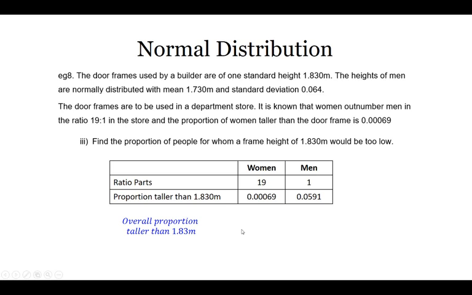I'm going to do 19 times the proportion for women plus 1 times the proportion for men, and I'm going to divide by the number of parts in the ratio, so I'm back down at essentially considering one person, and the answer then is 0.0361.